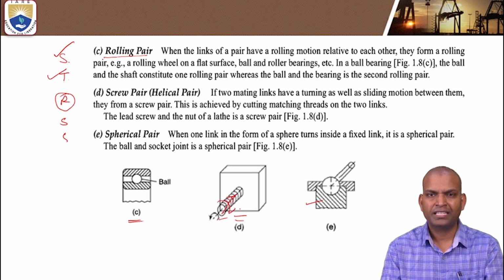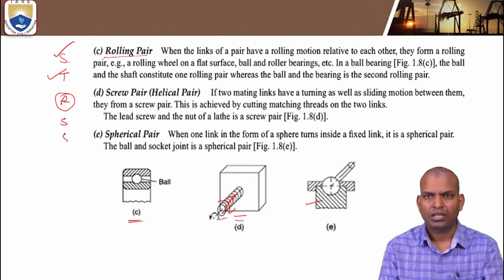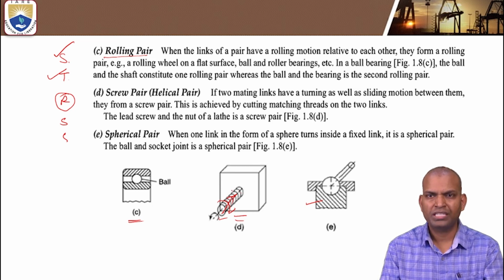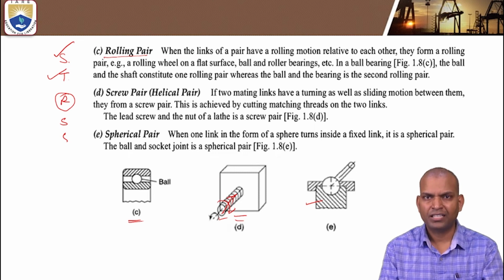Then it comes under the category of a screw pair. So this motion will be happen. What will happen? This type of motion can be observed when in case of lathe machine, the lead screw, motion of the lead screw inside the nut of a lathe machine comes under the category of the screw pair.